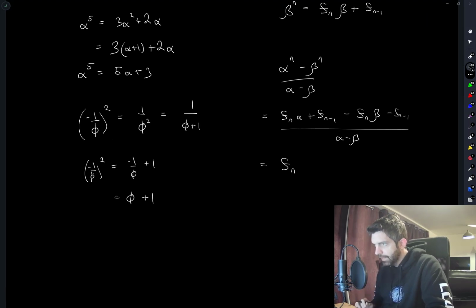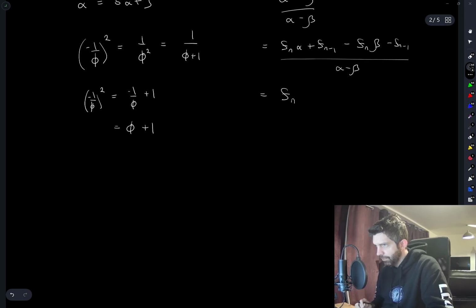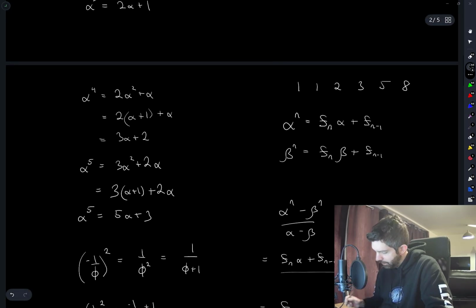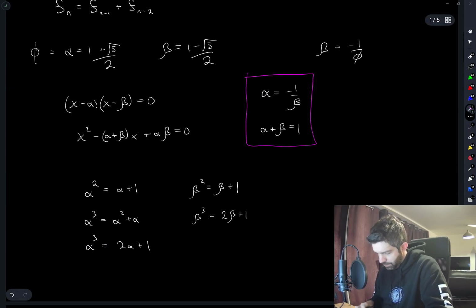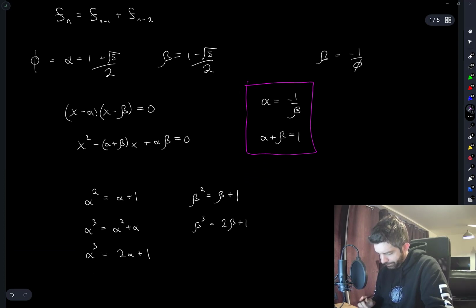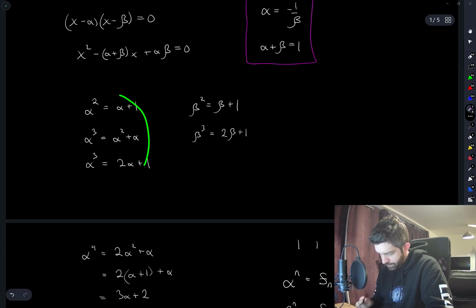Okay, so yeah, I think the an terms are just the Fibonacci sequence. I think that's what I've ended up showing here in total. So I have both alpha and beta. I just started, alpha squared is equal to alpha plus 1.